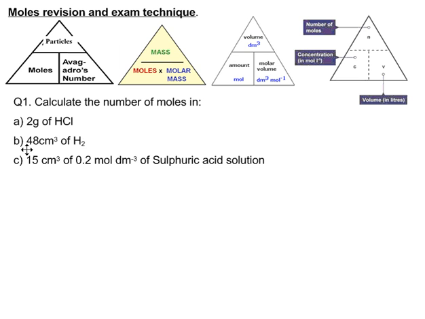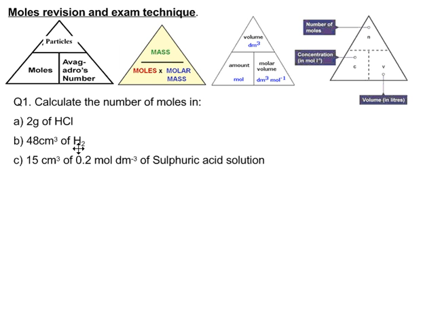Okay, the next question. We need to calculate the number of moles in 48 centimetres cubed of hydrogen. The first thing we need to do is decide which equation we can actually use. We have this number, 48 centimetres cubed.